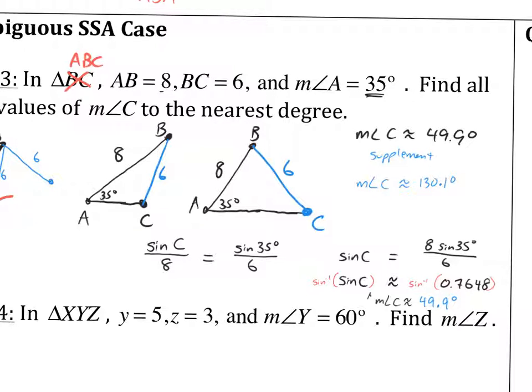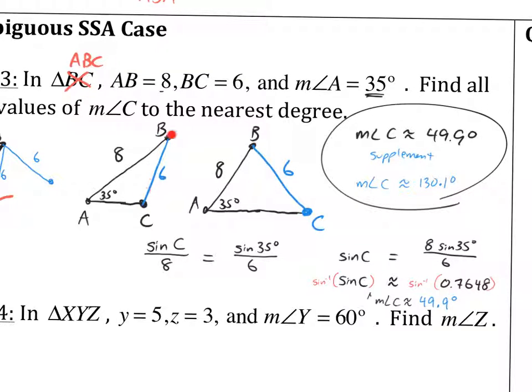So in this case, 35 plus the 130 gives me 165, which means the remainder is a small one here. 35 plus the near 50 still means I have nearly 100 degrees up there. So yes, both of these are options, and both of these are logically possible.